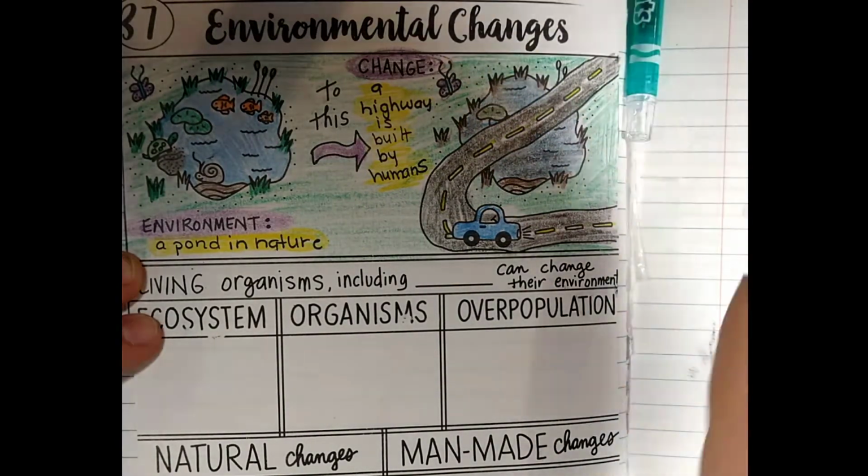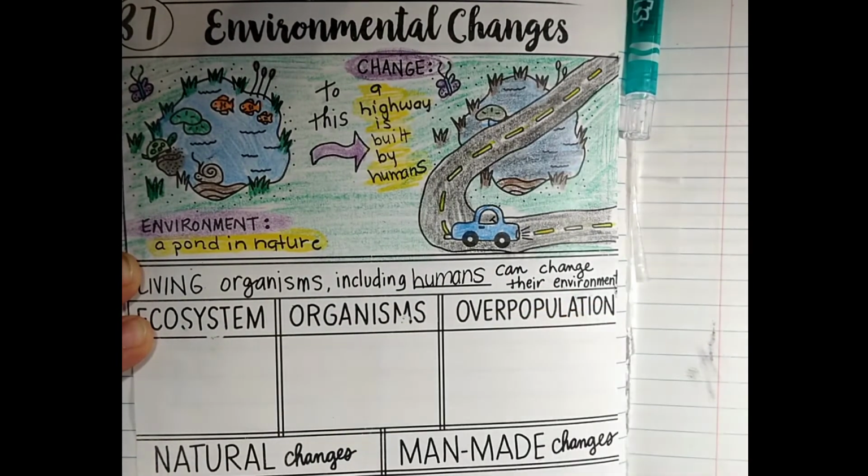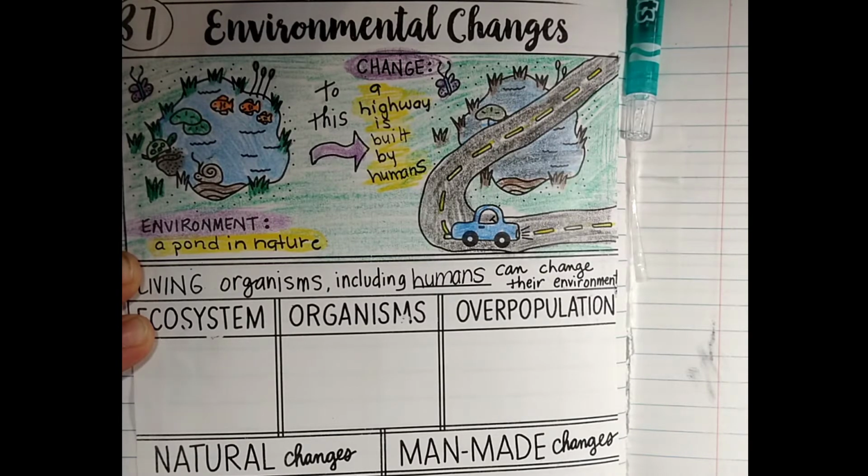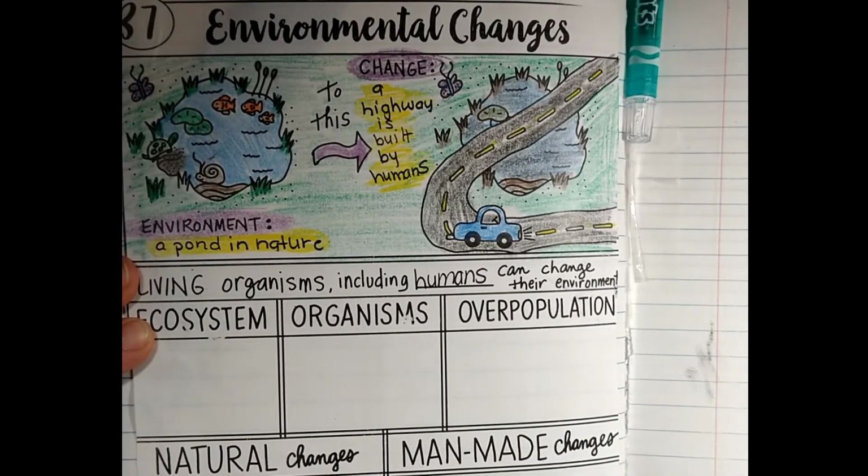Living organisms, including humans, can change our environment. How can humans change their environment? Well, first of all, we have to find out what organisms and ecosystems are.